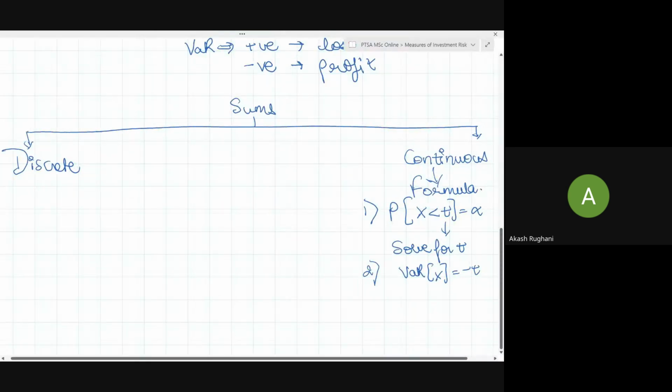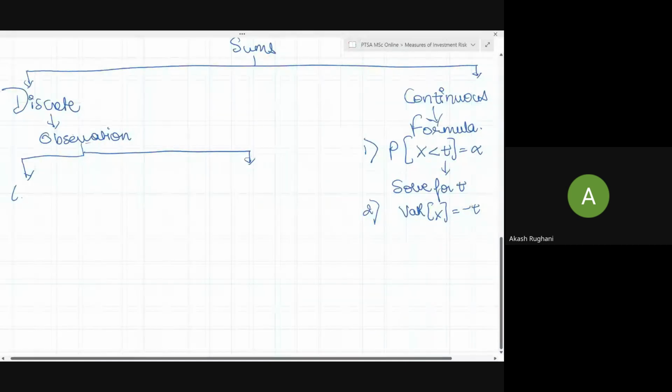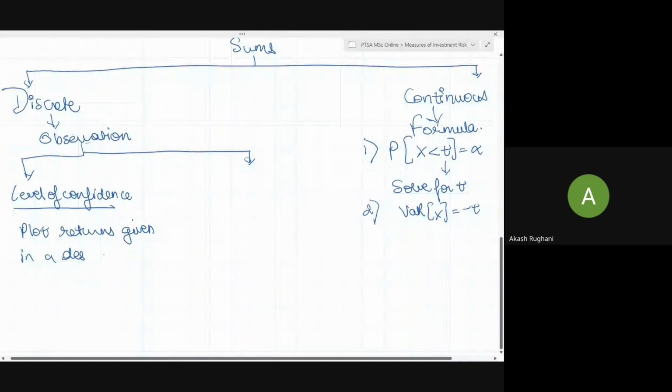If it is discrete, the important thing to note here, this will be an observation: there is no such formula for discrete. I can solve the sum two ways depending upon the definition of VAR that I follow. So if it is the level of confidence definition, then I will plot the returns given in a descending order and then take the cumulative probability.